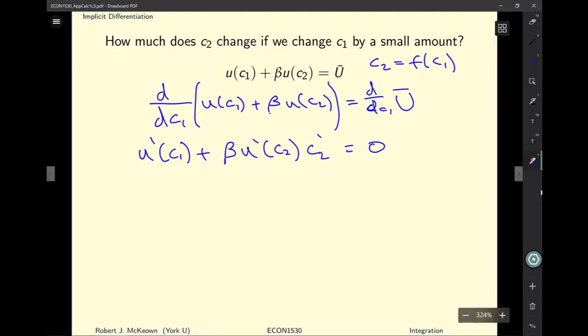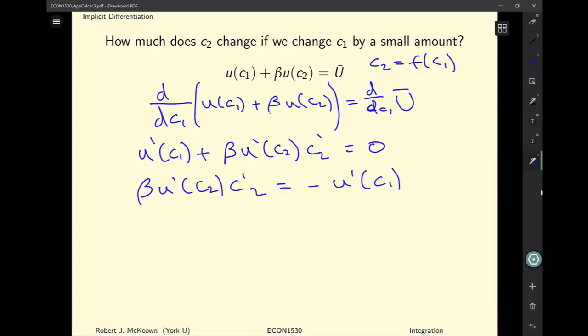Now we want to solve for C2 prime. So let's rewrite this expression like so. Remember, this is what we're solving for. We want to know how C2 is going to change if we change C1 by a little bit.